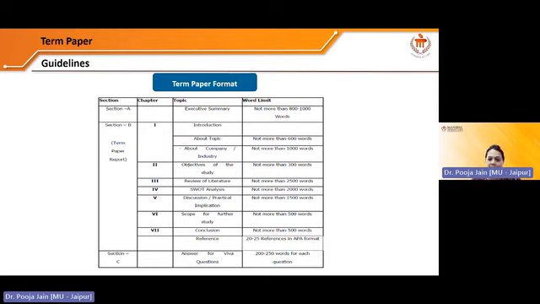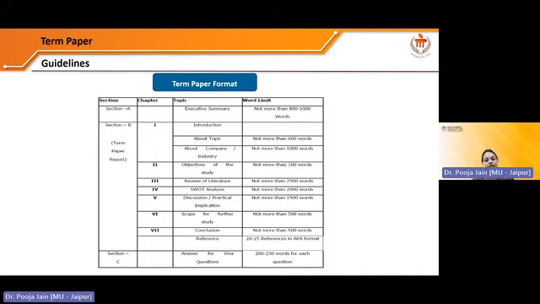So you will have to find something new and discuss the same as well. So discussion and practical implication should not be more than 1,500 words. So the word limit for discussion and practical implication is not more than 1,000 words.